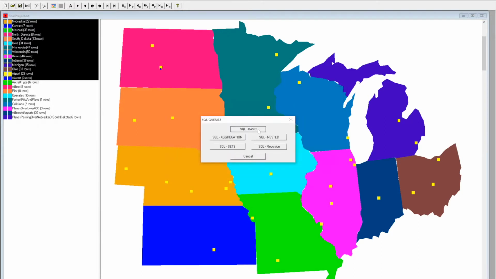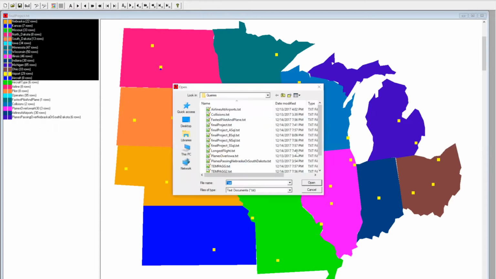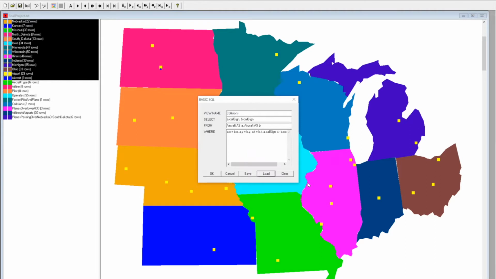And then we have another basic query, which is the collisions. And this is also with a constraint relation. And we have the call signs for the planes that collide. And this is the query for it.